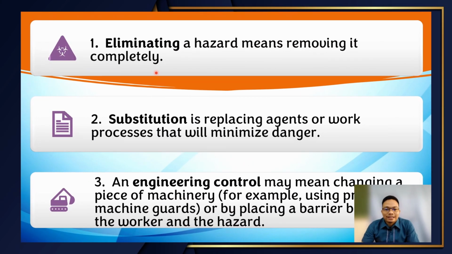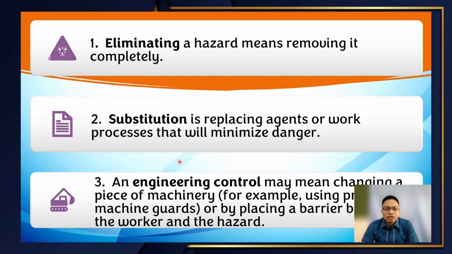Number 1 is eliminating. Eliminating a hazard means removing it completely. We have to remove the hazard as soon as possible after knowing that it is dangerous to avoid exposures. Number 2, substitution.